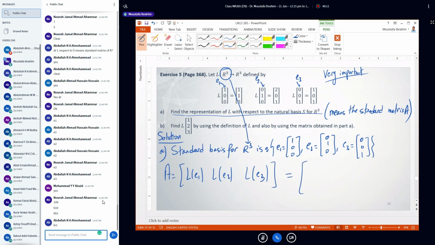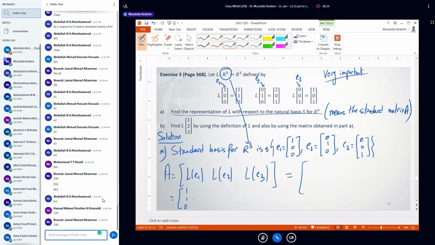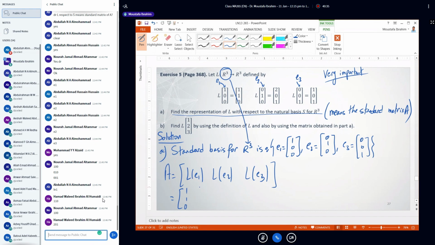We have everything, so what do we get? Where is L(E1)? Is it (1,0,0) or (1,1,0)? (1,1,0), very good. L(E2)? (2,0,1). Pay attention, Nora. Read L(E1) equal to this one.